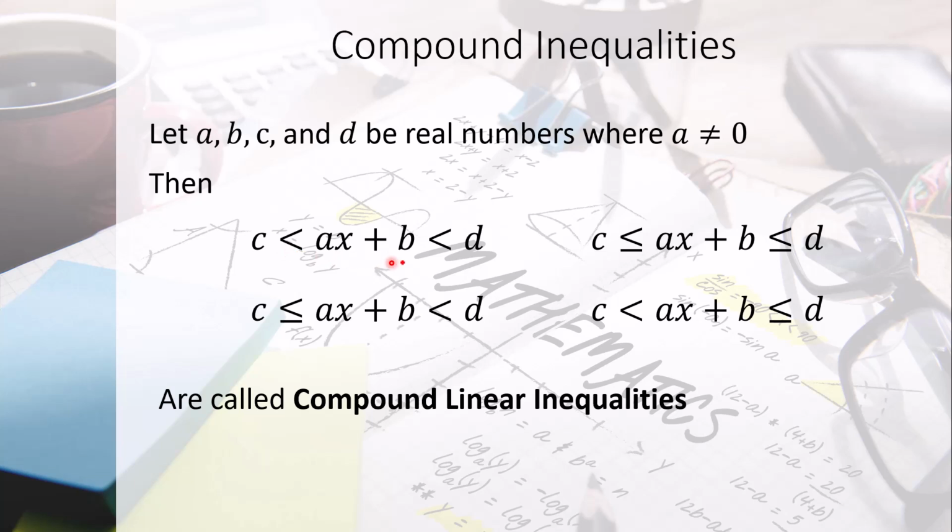So this is kind of like the intersection of two intervals. And of course, we can have strict less than, we can have less than or equal to, and also various combinations. But these are all called compound inequalities. The big question is how do you solve them? Well, the way that we solve them is we want to isolate x, or whatever the variable happens to be.